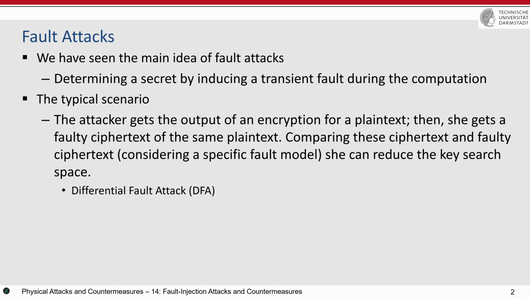If you have any information and experience with differential cryptanalysis, which is a known attack scenario to perform attack on symmetric ciphers, not implementations of symmetric ciphers, really on the symmetric ciphers. Differential cryptanalysis, DFA or differential fault attack is seen somehow as a differential cryptanalysis on a round reduced cipher.